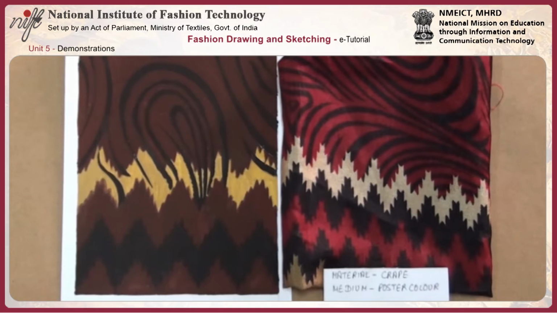Here the rendering is done closely resembling the fabric. As you can see, there are a lot of details visible in the fabric. So the illustrator has chosen the right medium, namely poster colors, which are more conducive to render such details.